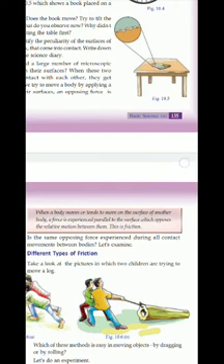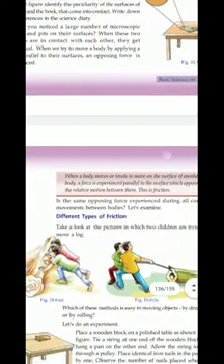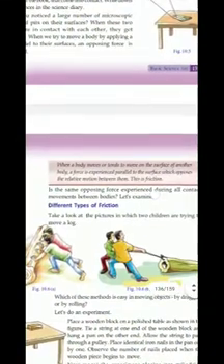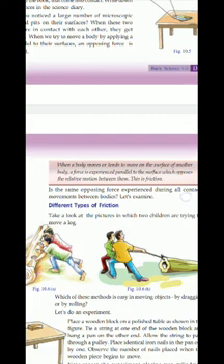Okay, and here how friction acts, that I will explain. So here the surfaces may have ups and downs, isn't it? If one body is moving on another surface, while moving, both the surfaces may have ups and downs.